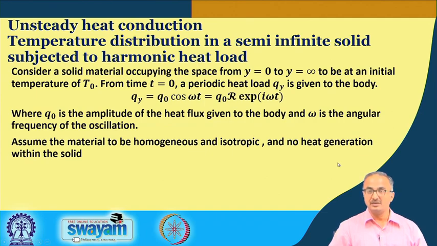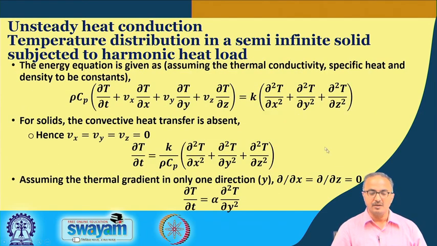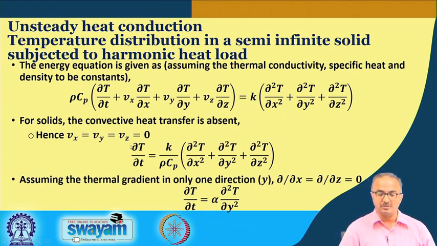So, with these assumptions, we go back to the energy balance equation, and we deduce that this is the energy balance equation, after these assumptions of setting dou by dou x, dou by dou z to 0. We get this equation. Up to this we find that we have the same formulation as before.